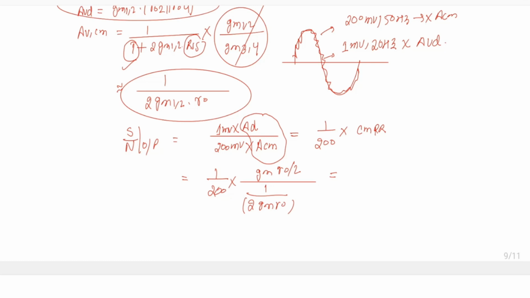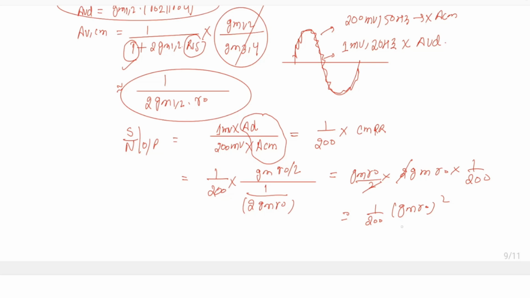So it will be gm R0 by 2 into 2 gm R0 into 1 by 200. So this 2 and this 2 will cancel out. So this will be 1 by 200 into gm R0 square. So in a 5T OTA, the CMRR is of the order of gm R0 square.